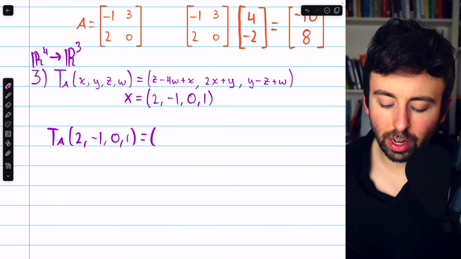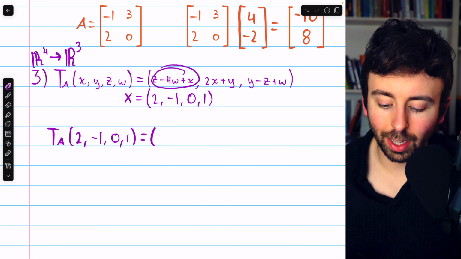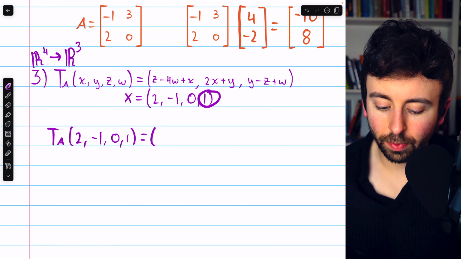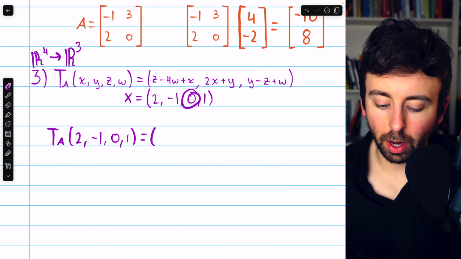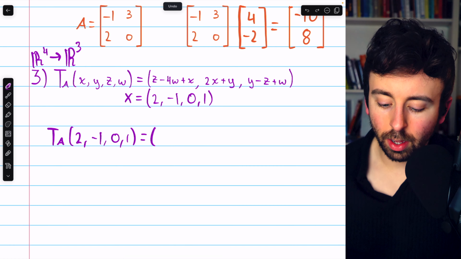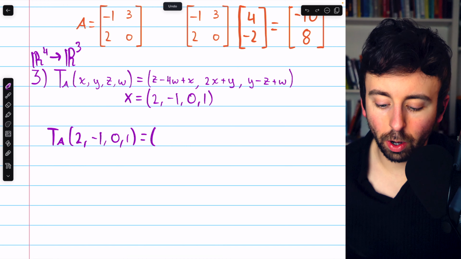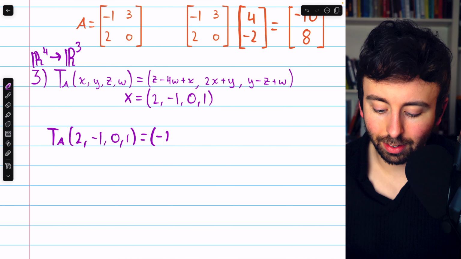Now, based on the equation, the first component will be z minus 4w plus x. So that's 0, the z value, minus 4, because w is 1, plus 2, that's plus x. So minus 4 plus 2, so minus 2.